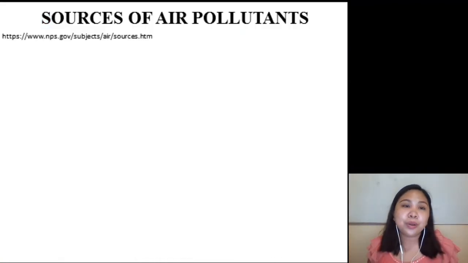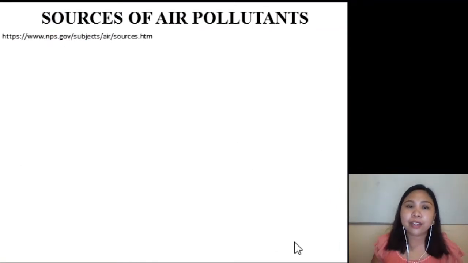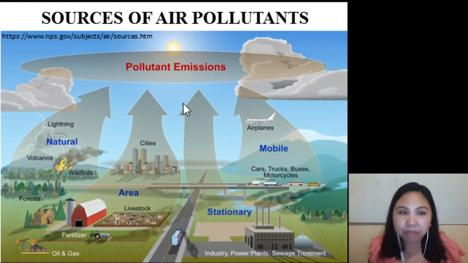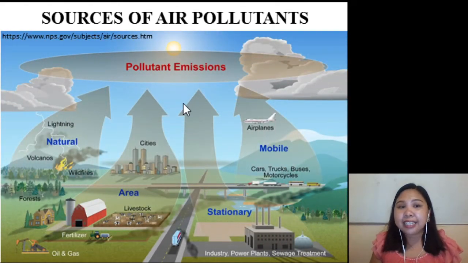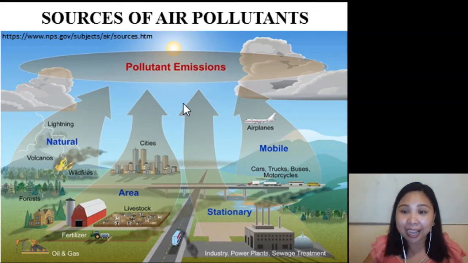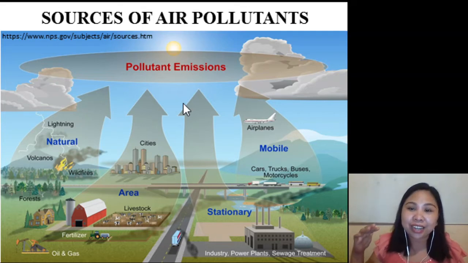According to this website, these are the different sources of pollutants. We categorize the different sources. Greenhouse gases and air pollutants are different, so I hope that is clear to us.